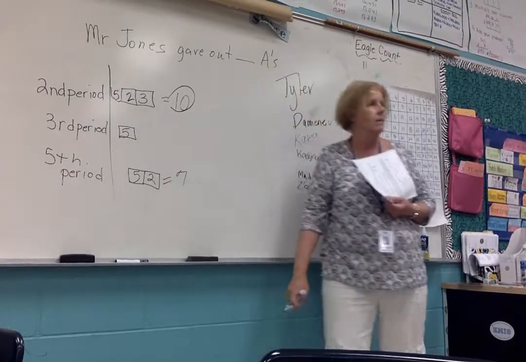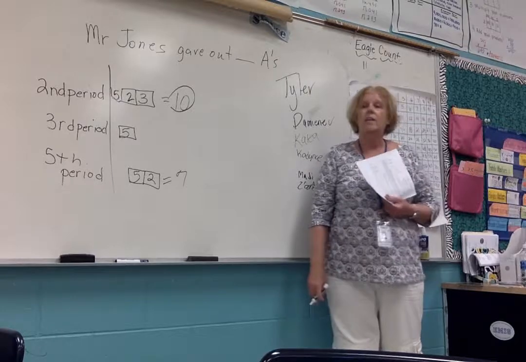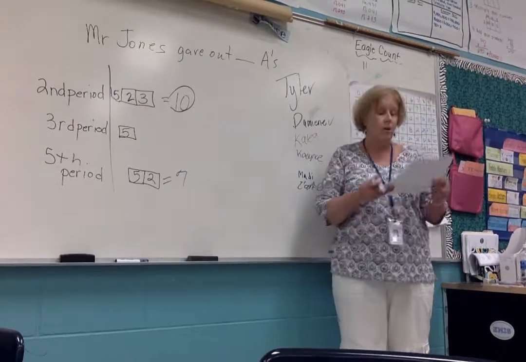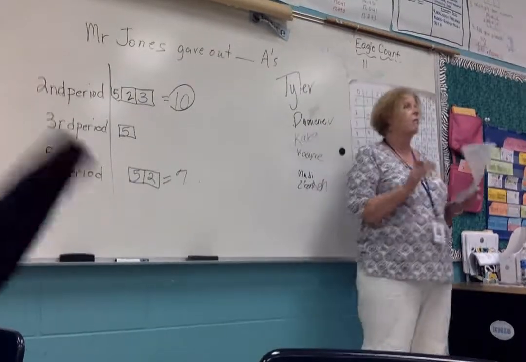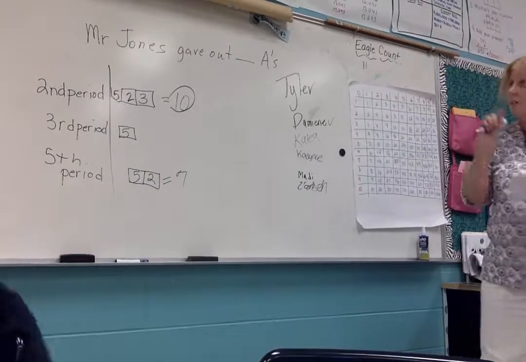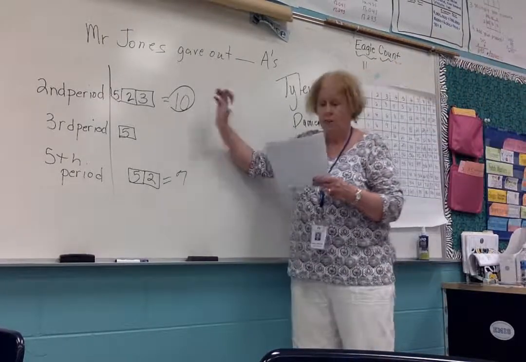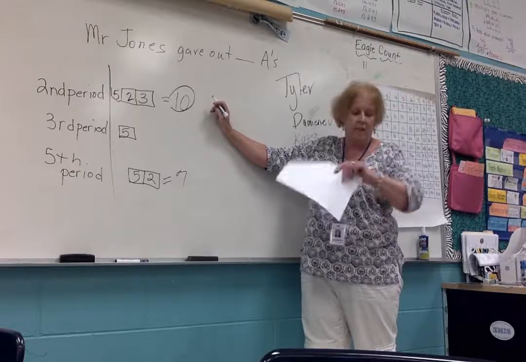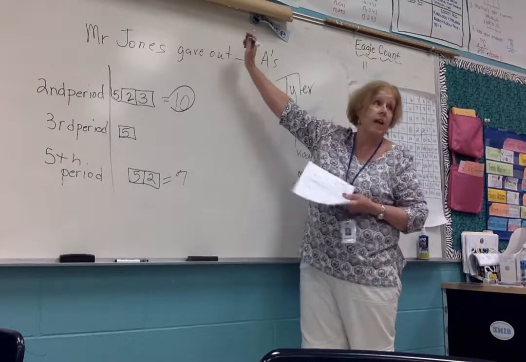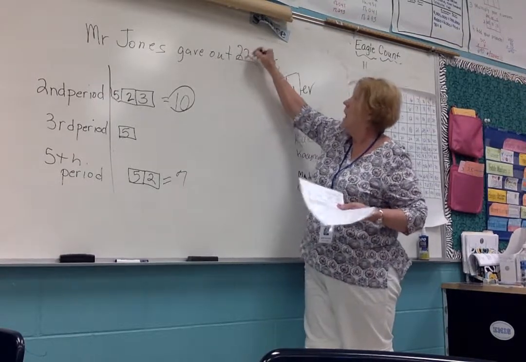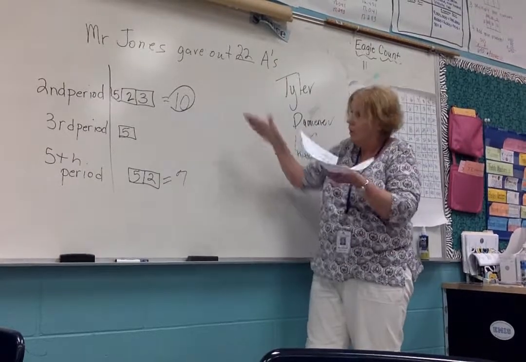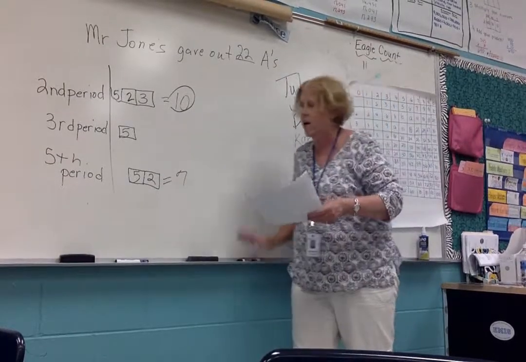So, our step 1. Okay, how did we get 22? We added these up all together because we want to know how many A's that he gave. So in 2nd period, we knew that he had 5 plus 2 plus 3, which equaled 10. And then in 3rd period, we knew that he gave out 5 A's.